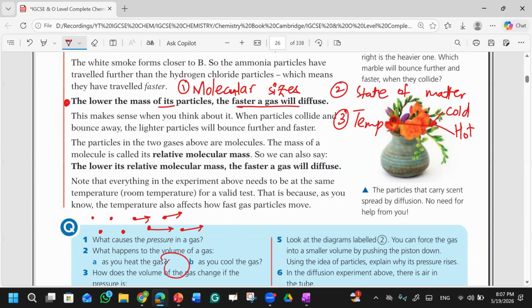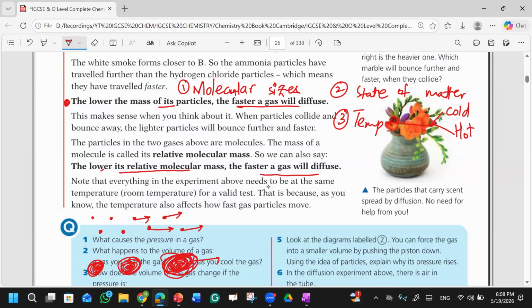But this one is a big particle, and there is another big particle. So they cannot passively move, right? You need to provide them energy. So there will be less diffusion if the particle size is more. Are you clear with this? The lower the mass, the faster the gas will diffuse. Similarly, the lower its relative molecular mass, the faster the gas will diffuse.